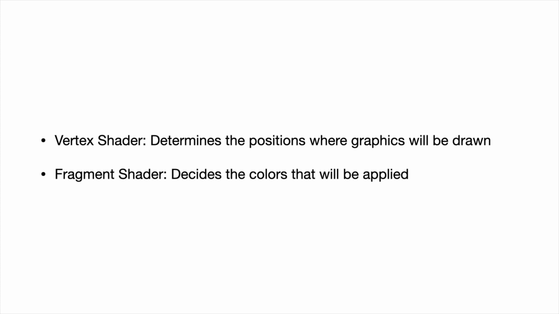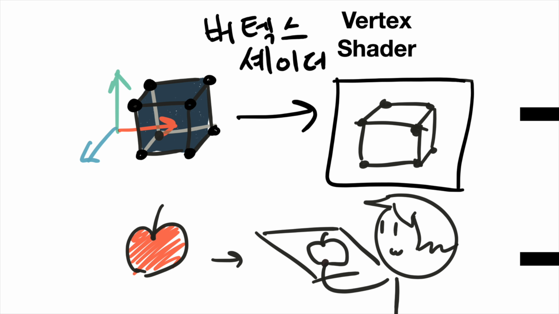In this course, we will focus on two main types of shaders: vertex shaders and fragment shaders. A vertex shader is a program that outputs the corresponding screen vertices from the provided 3D vertices. You can think of a vertex shader as transforming the position of an object in 3D space to a position on 2D screen space, similar to moving an object from real life onto a paper sketch.